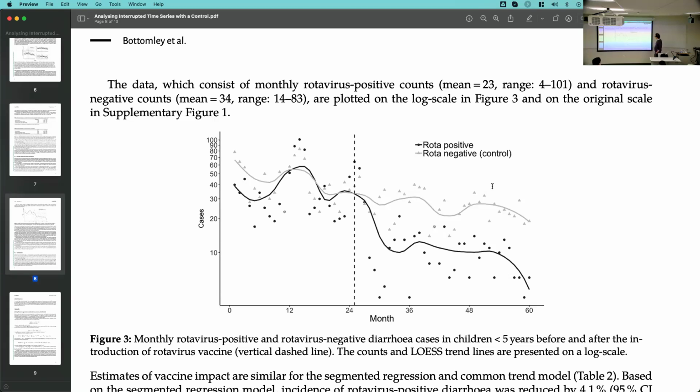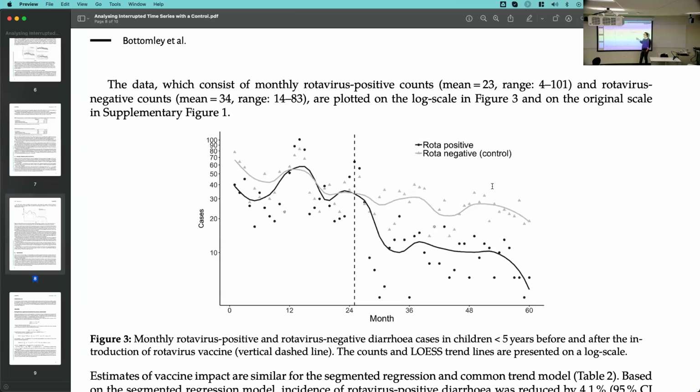My understanding is that the black flags and dots are kids who get diarrhea due to rotavirus, and the gray line is for diarrhea from non-rotavirus causes. Correct, yes. But it's the same outcome, right? It's incidence of diarrhea, in different populations, the rotavirus ones and the other ones. So it feels like same outcome, different populations again.